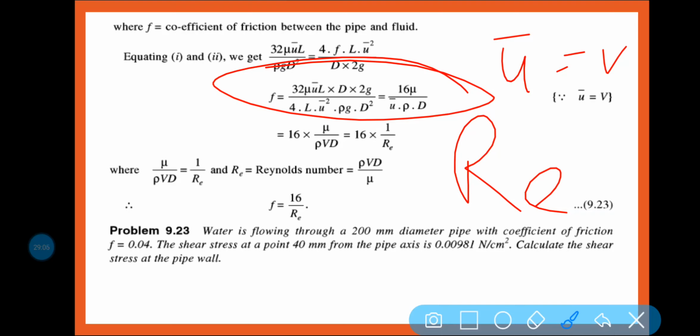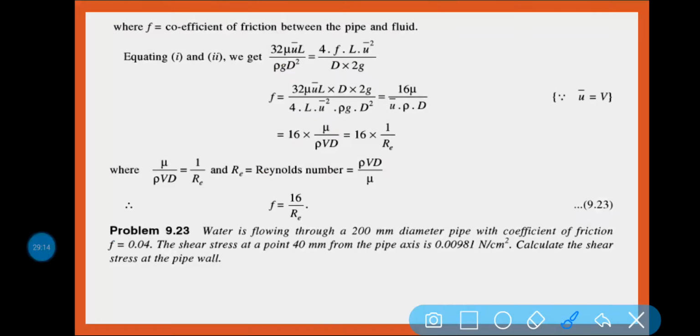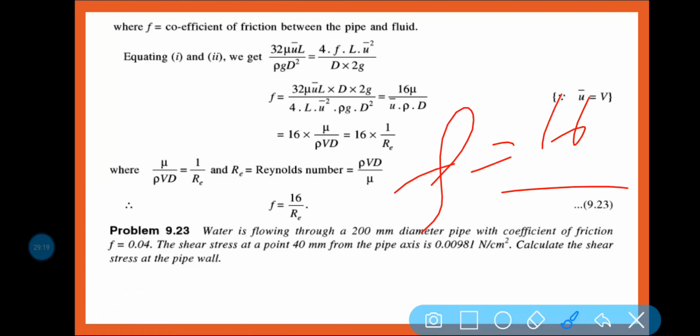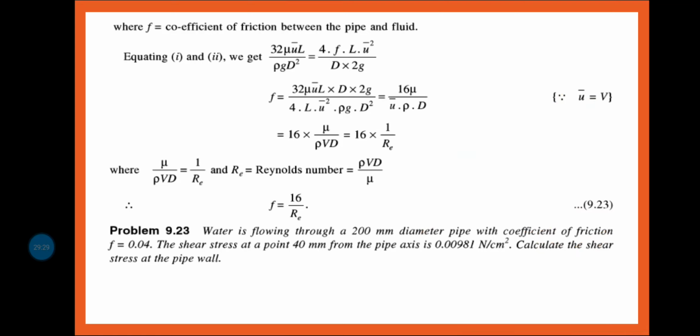Now one more thing, Reynolds number is equal to rho v d by mu. So mu by rho v d means 1 by Reynolds number. So what I have got, f is equal to 16 by Reynolds number, very important in case of laminar flow. Okay, so this is the formula which you have to remember.